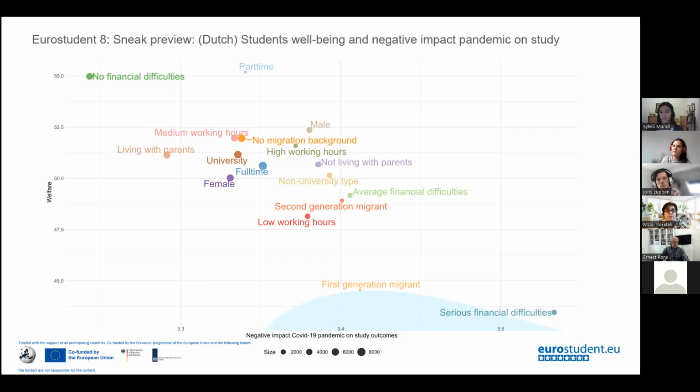But the advantage is that teachers are allowed to share it with their students. So that would also increase the awareness of EUROSTUDENT microdata. I see. It will be great, I think, for our project. Thank you for that.